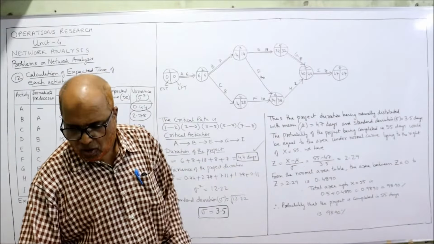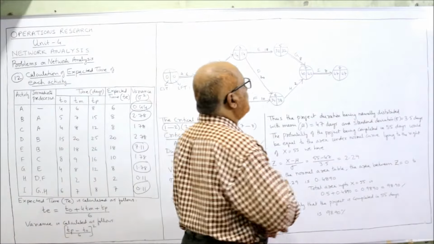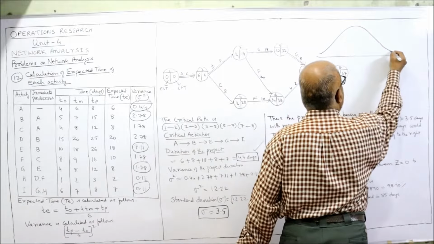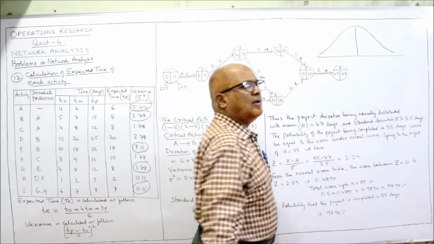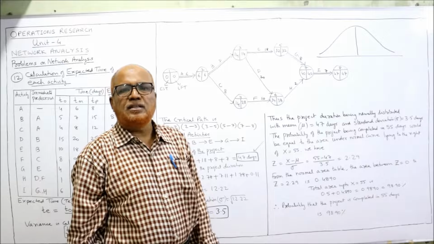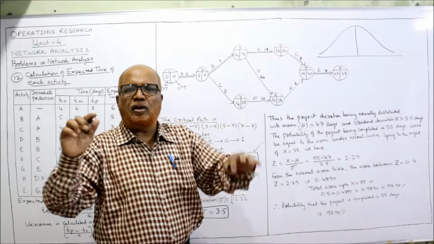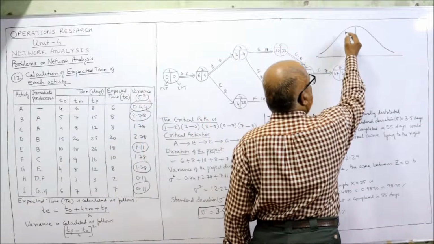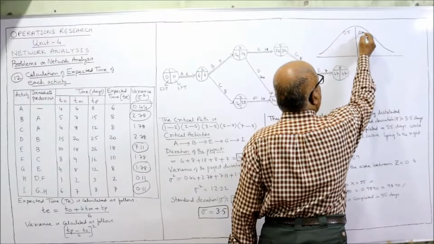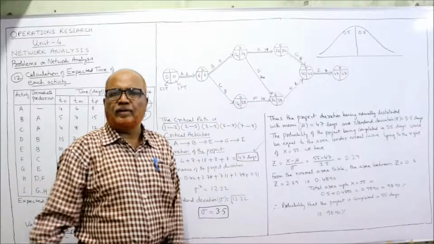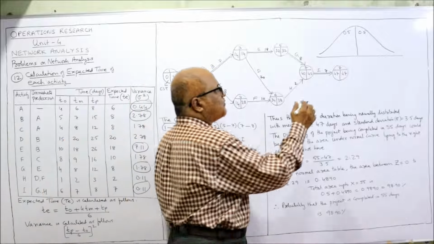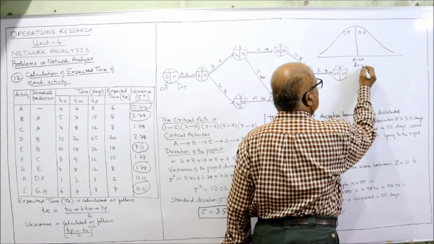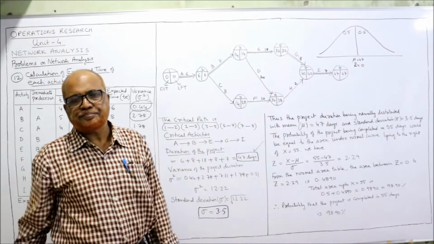We have the normal area curve, a bell-shaped curve. The total area under the normal curve is 1. 0.5 area on the left side, 0.5 on the right side. It is symmetrical. Now our mu value is 47 days, where z is equal to 0 in the center.